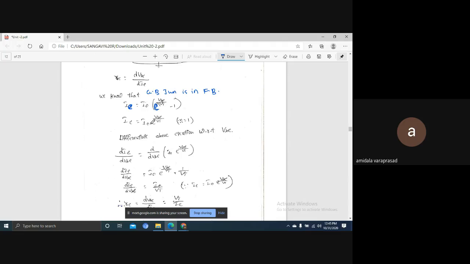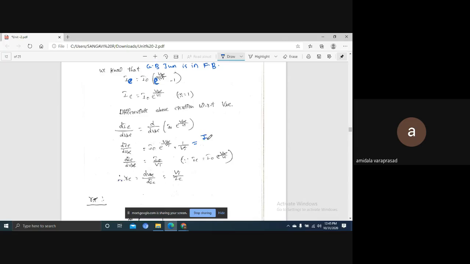Then IE is equal to I naught into e power VBE by VT. Differentiate the above equation with respect to VBE. I naught is constant, then e power VBE by VT into 1 by VT, since e power x differentiates to e power x times the derivative of x, which is 1 by VT. Then I get I naught into e power VBE by VT, whole divided by VT. In place of this, I can write IE.